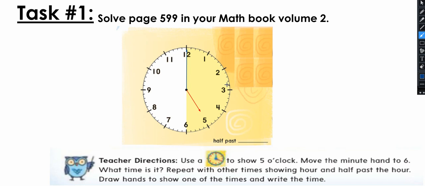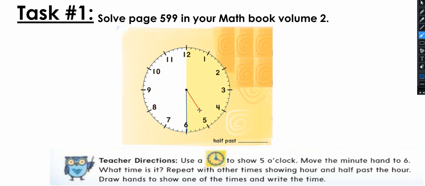But now let's move on. Let's move the minute hand to number 6. This means that we move to half hour. We passed that half hour.